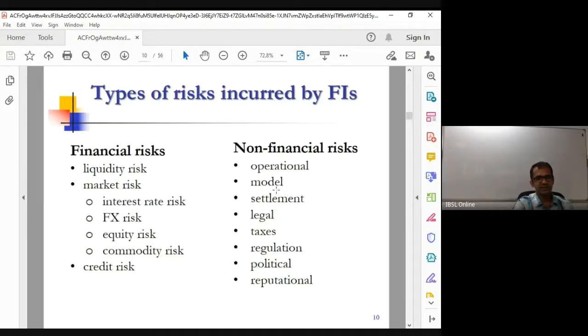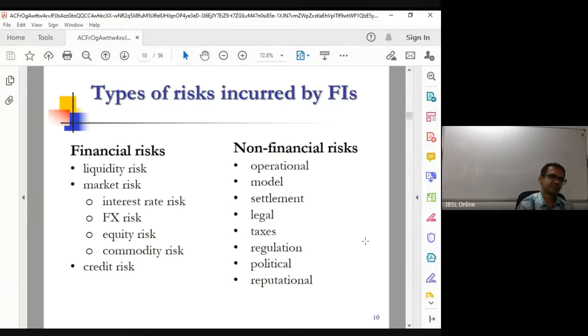So settlement risk is that we may not be able to settle on time. Sometimes we consider it as part of credit risk as well. However, we are going to discuss settlement risk in more detail under credit risk.